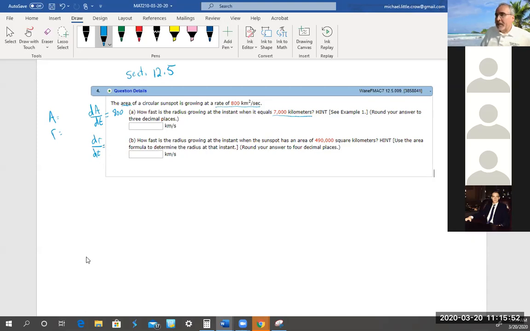For this one, we have to know that the area is equal to pi r squared. We've got dA/dt, and in this question, they're giving us the r. We know this is still 800.